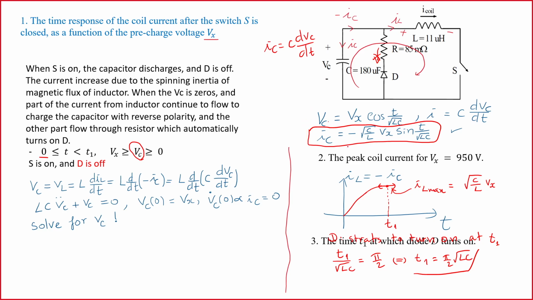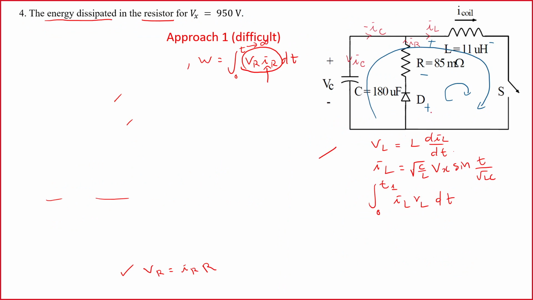Same thing for here, exactly the same thing. And in some sense this is not a very bottom-up approach, because you think not directly starting from R itself, but from the inductor, which transfers energy to R to be dissipated.